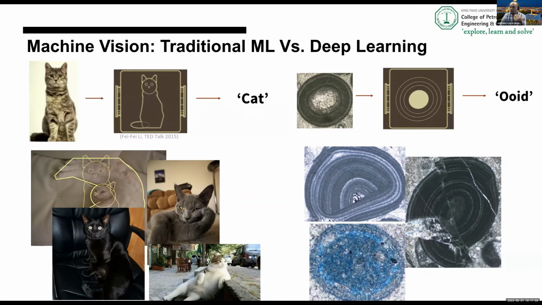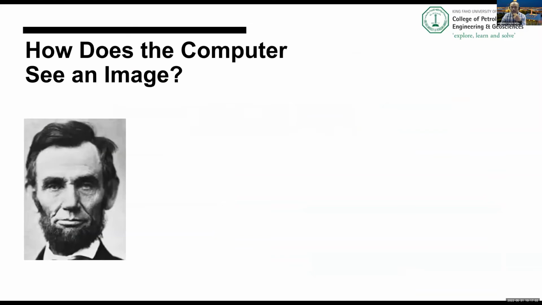So this is one of the motivations why we want to use deep learning. And before that, I just want to quickly show you how exactly a computer sees an image, right? For example, we have an example here of one of the presidents of the United States, Abraham Lincoln.